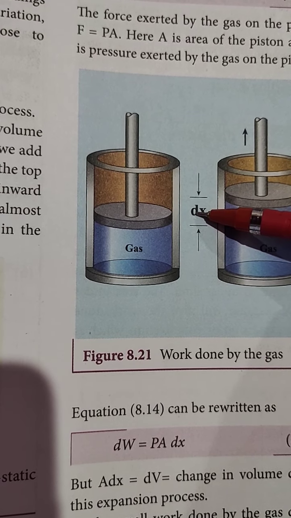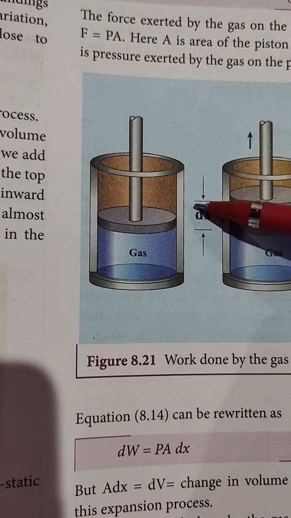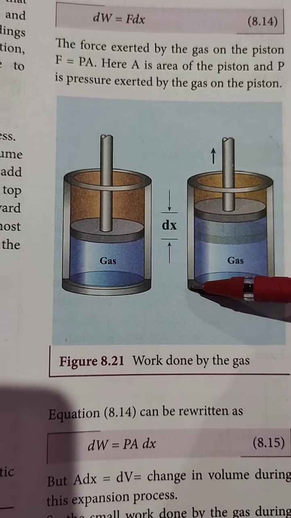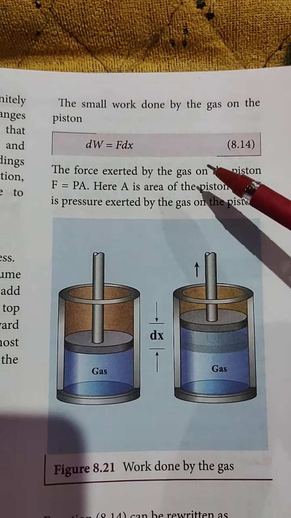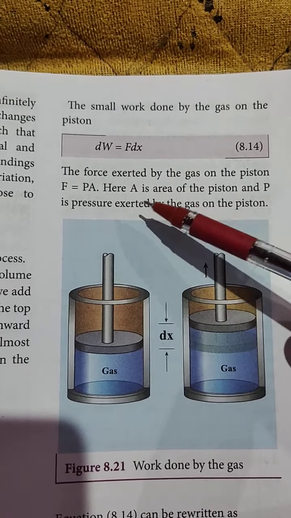Since the expansion occurs quasi-statically, pressure, temperature and internal energy will have unique values at every instant. So the small amount of work done by the gas on the piston is dW equal to F dx.